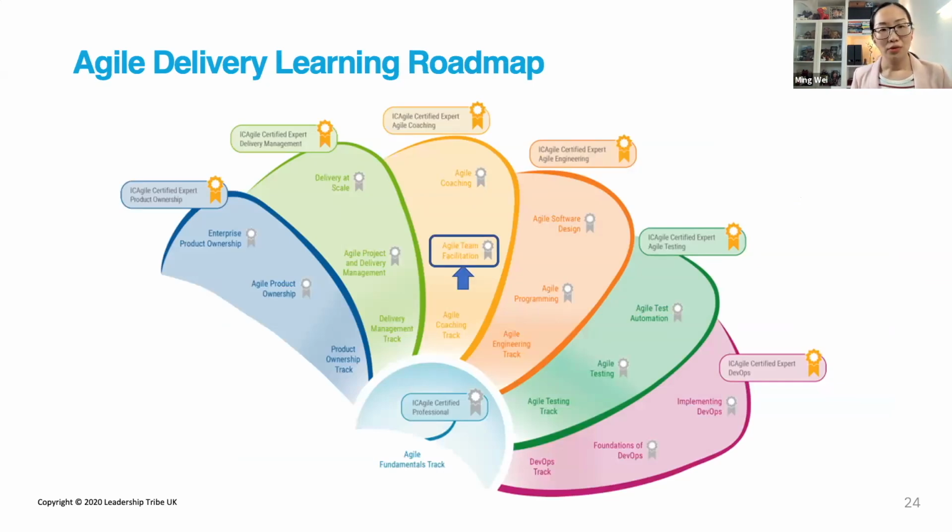There's an Agile team facilitation course, which is offered by IC Agile. In this course, you will be learning about what we have discussed so far, but in more detail: how you engage your team, and more practical and pragmatic skills in terms of what you can do. We'll be looking at those perspectives in more detail and the science behind it as well.